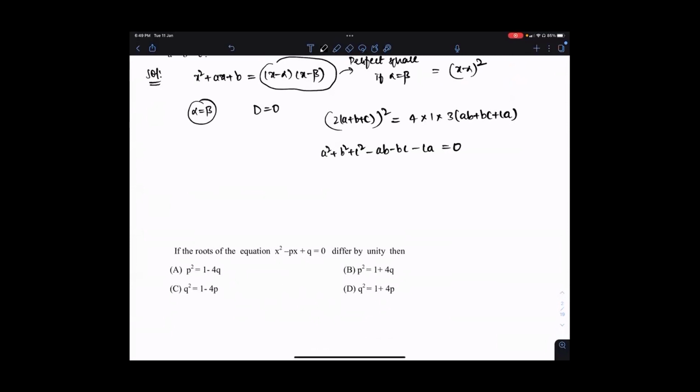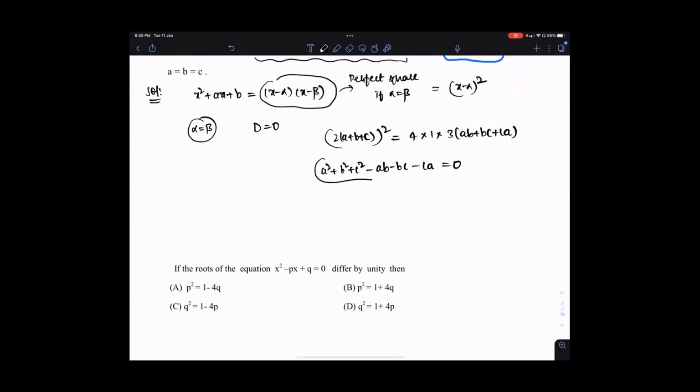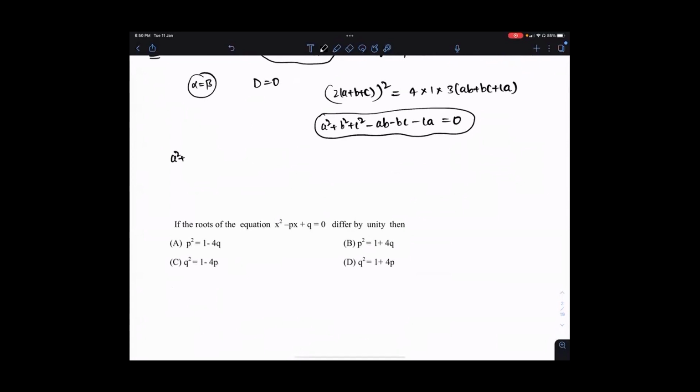Now, the other reason I want to discuss this question is that I want to tell you 2 points. One point is, whenever a quadratic expression is perfect square, it means that it has equal roots. And second, this identity, which I'm going to write next: a square plus b square plus c square minus ab minus bc minus ca. We'll be encountering it at so many places, and even in the last 2 to 3 years of JEE Mains questions, this expression is coming very frequently.